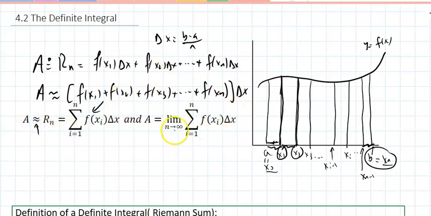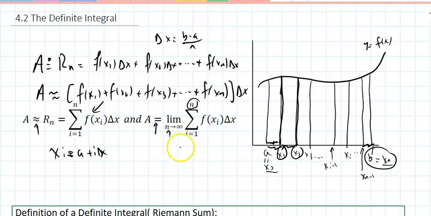And of course, if I fit in an infinite amount of those rectangles as n approaches infinity, n equal 10, 100, a million, a trillion, then that area will become exact, where x sub i is a plus i times delta x. I'm going to give you an example on that to make sure that you see that.